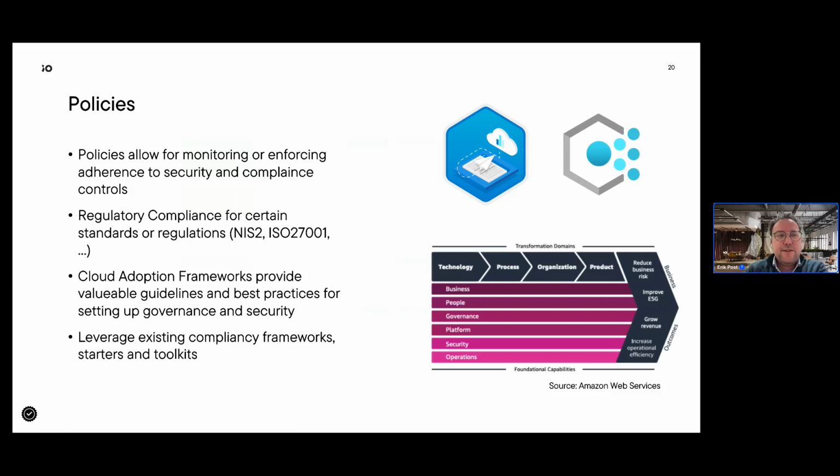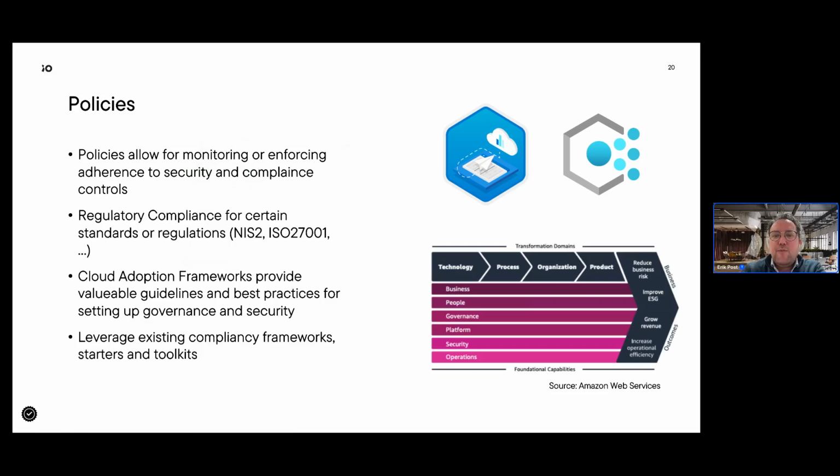So one way to do that is to use the policy frameworks that cloud platforms provide. Using those policies, you can monitor how resources are configured. So you can make sure that access is set up in the right way, or that network security is configured in the right way.